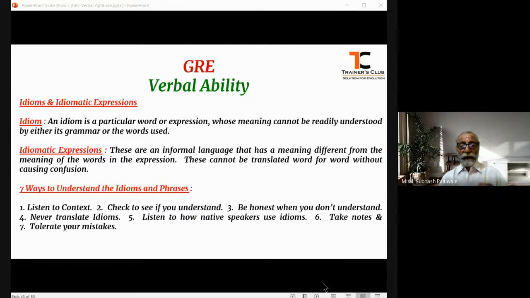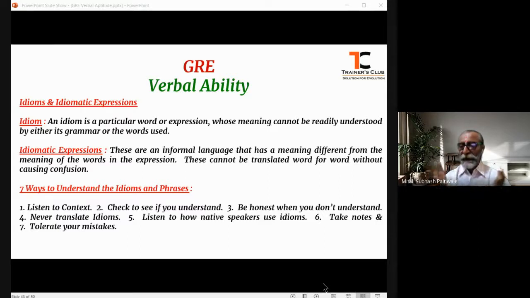In the same way, idiomatic expressions are again informal language. They are not formal languages. I repeat it again to remind you all that idiomatic expressions or idioms, the language that is used, is not formal, it is informal.